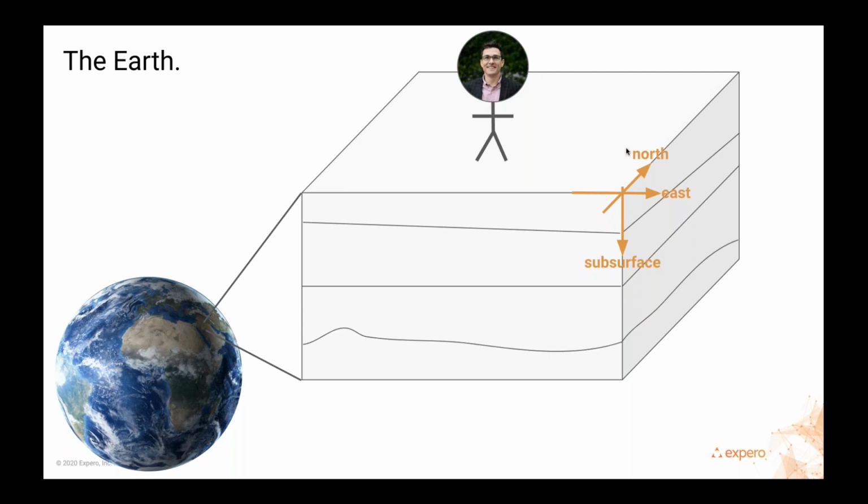Here's my little cartoon depiction of the Earth blown up here with my avatar standing on top. And in the subsurface Earth, you may or may not know that there are many, many layers of rock, varying rock types, varying lithologies, which we are trying to image for a couple of different reasons. I'll get into the reason for this particular experiment momentarily.